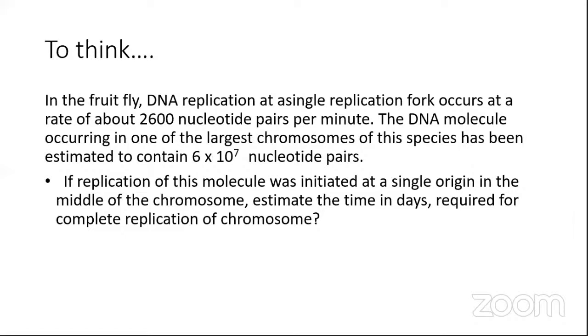You have to tell me in how many days this particular chromosome, with 6 into 10 power 7 nucleotide pairs and a DNA replication speed of about 2600 nucleotides per minute, will complete its replication.